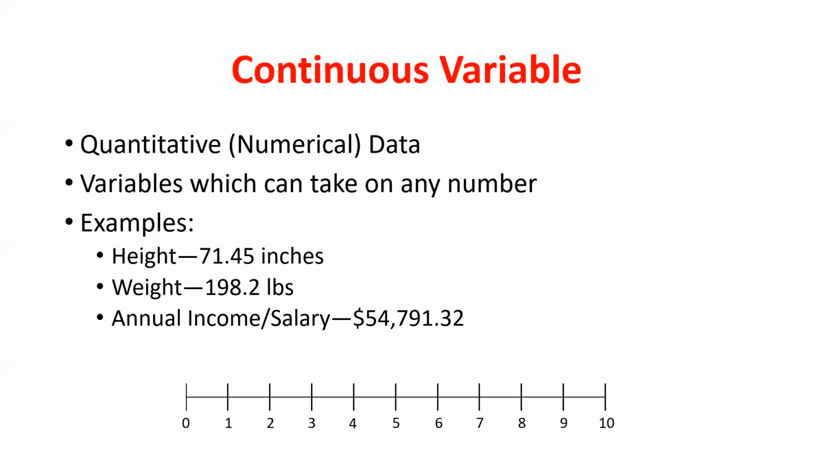What would the argument be why income is actually discrete and not continuous? Yeah. Right, our denomination of money only goes down to that second decimal. So there are gaps. I could never see 0.3142 as your salary.